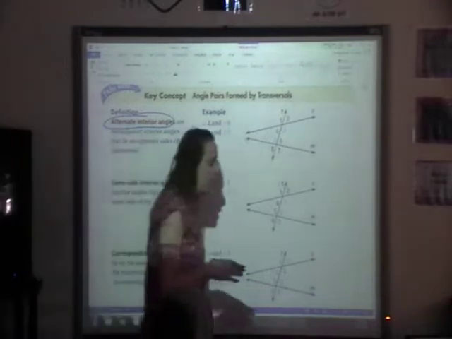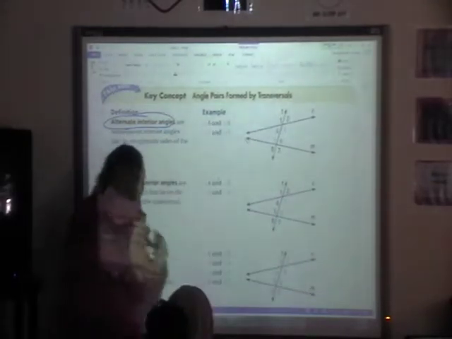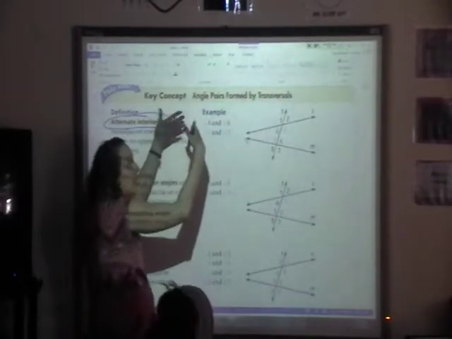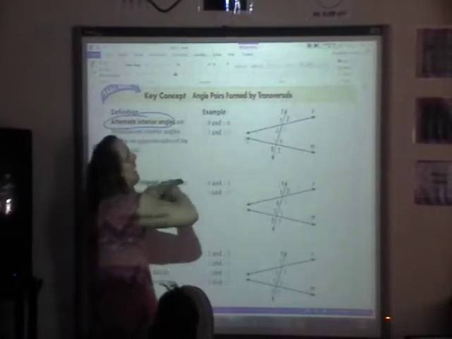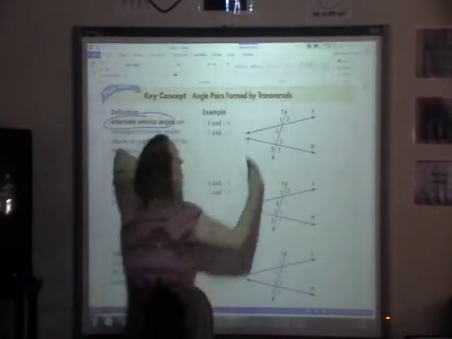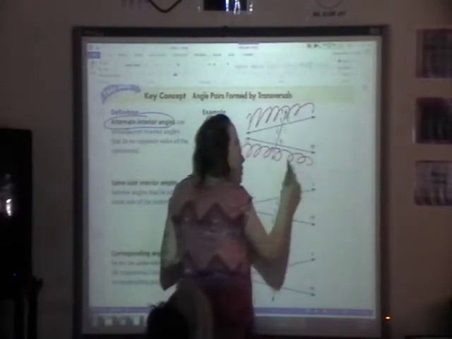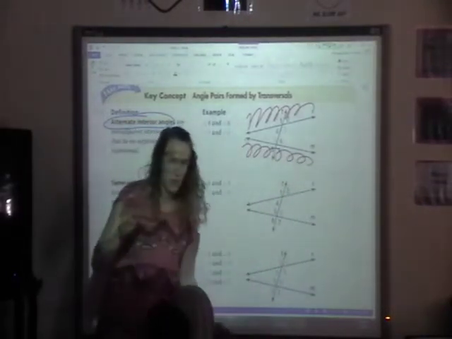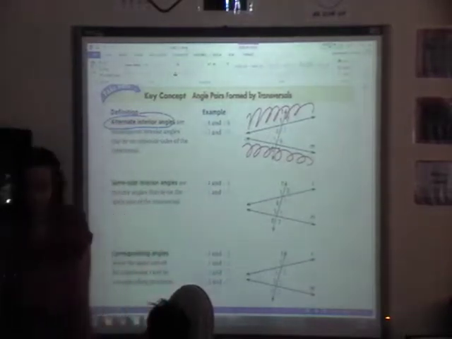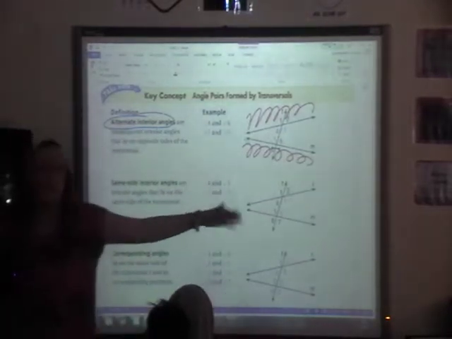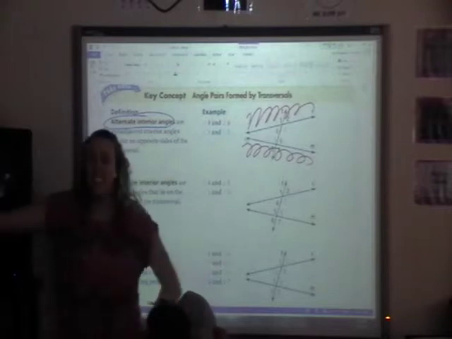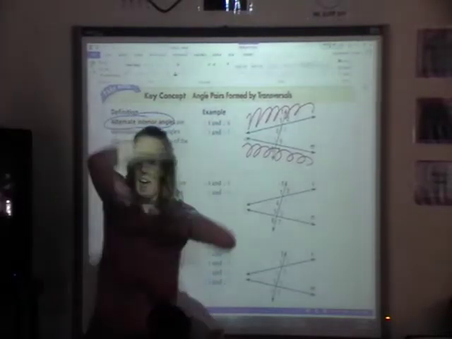Your exterior is the outside, like where your transversal lives. He lives out here. You don't have to draw my little squigglies, this is just me talking about it. Now the inside is my two lines that are somewhat going left and right. The inside is what's in between those two lines.